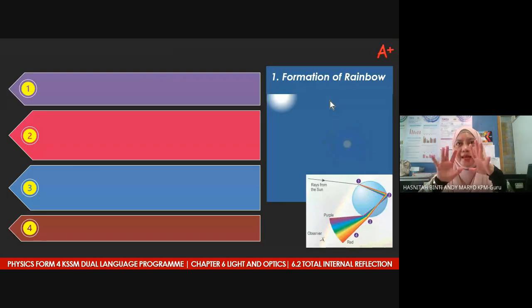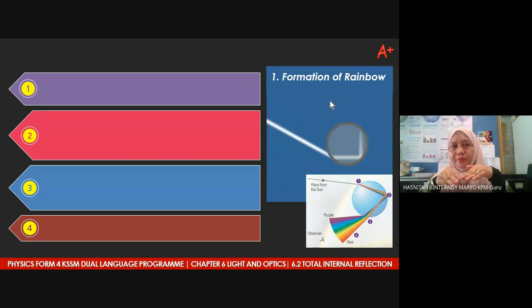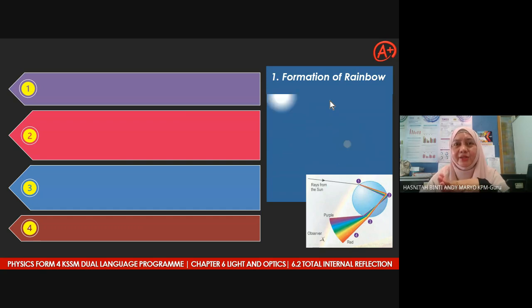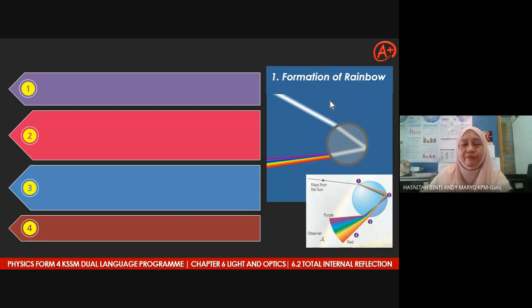Second, inside the raindrop, total internal reflection occurs at the back part of the raindrop. The third phenomenon is dispersion of light. When the light comes out from the raindrop, the white light disperses into 7 different colors according to its wavelength, arranged according to decreasing wavelength from red to violet.